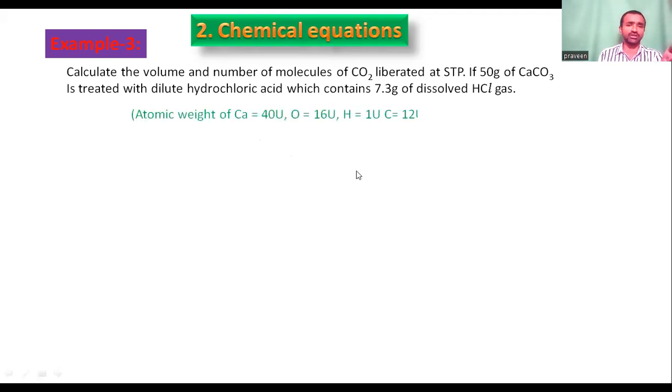Atomic weights we already know; if not given, no problem, we follow a simple logic: roughly double the atomic number. Calcium is 40 units, oxygen is 16 units, hydrogen is 1 unit, carbon 12 units, and chlorine is given as 35.5 units.